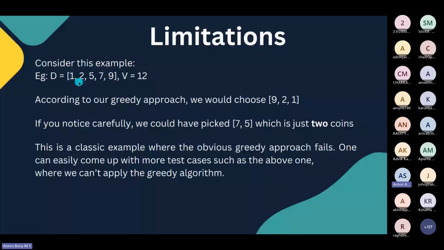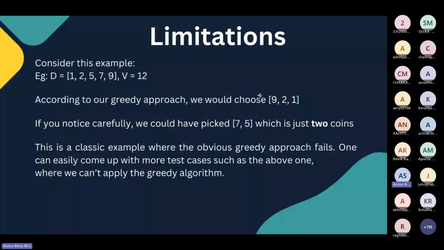So obviously you can't pick 5, 7, and 9, so your choices are limited to 1 and 2. Out of these, 2 is greater, so you'll pick 2, and you need one more, and therefore you just pick 1. So 9, 2, 1. The sum of it is 12, and this is 3 coins. So we get this by using the greedy approach of choosing the highest value coin.